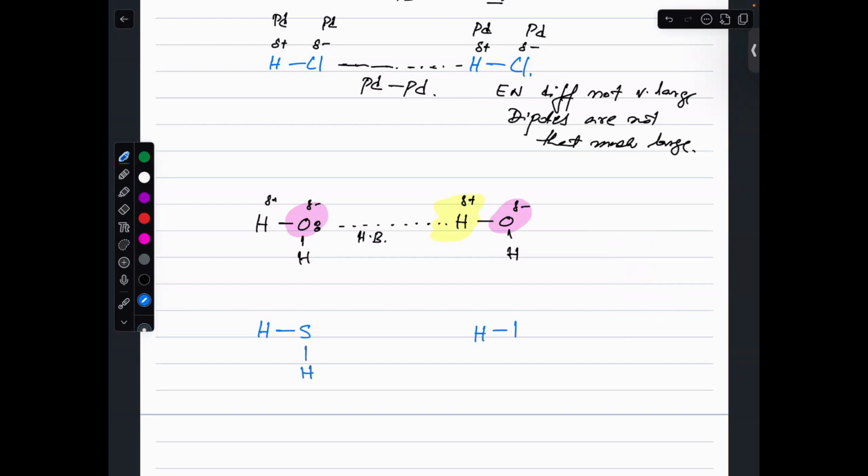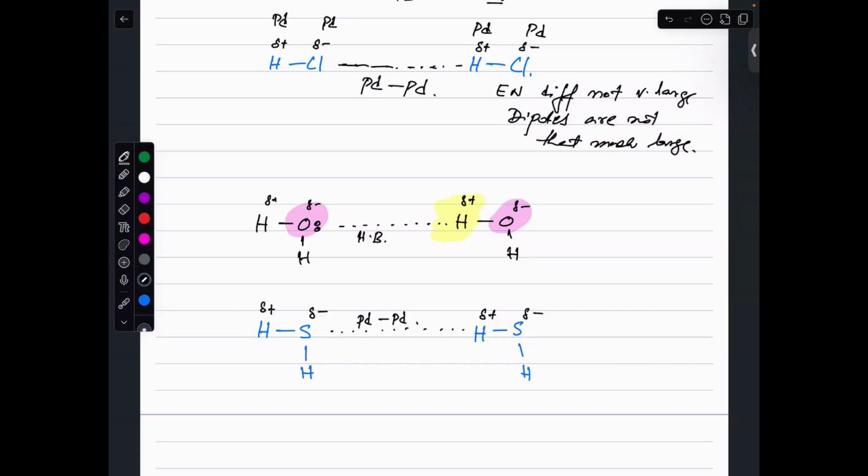Now, suppose there is H2S. This is partially negative, partially positive. What will you call this? Is this a hydrogen bond? No, it's PD-PD interaction, right? It's not a hydrogen bond.